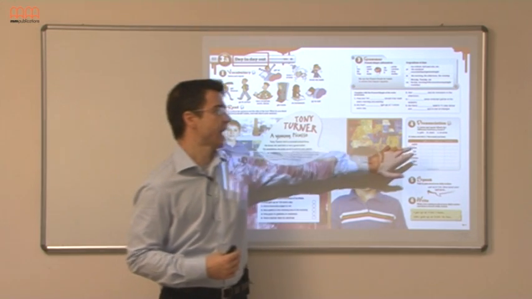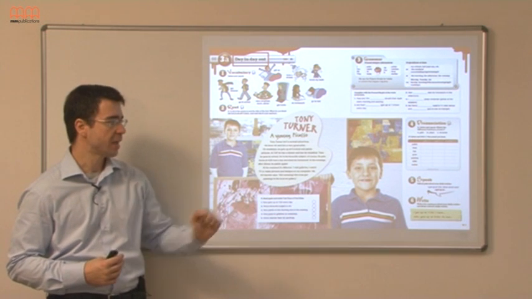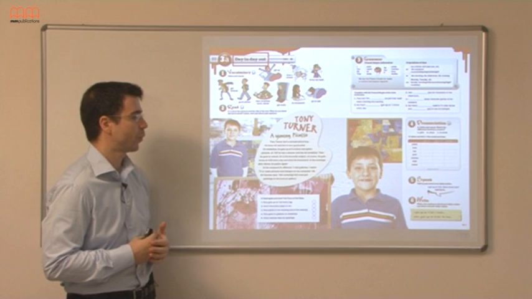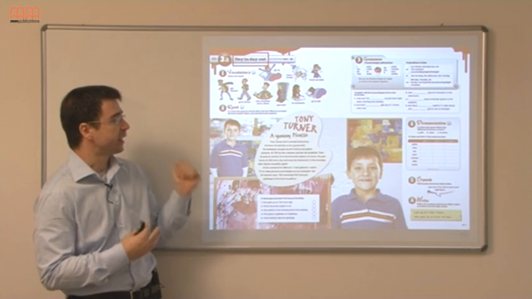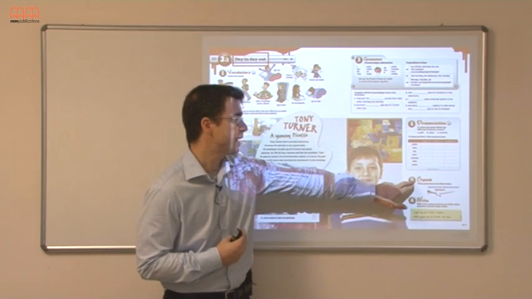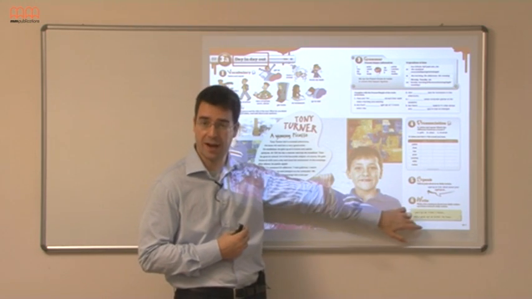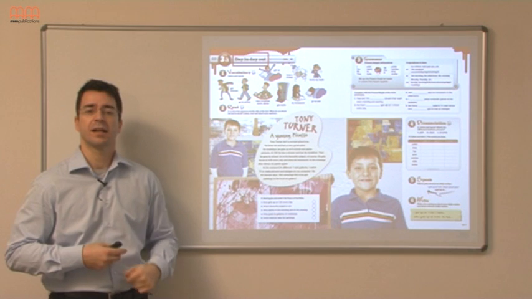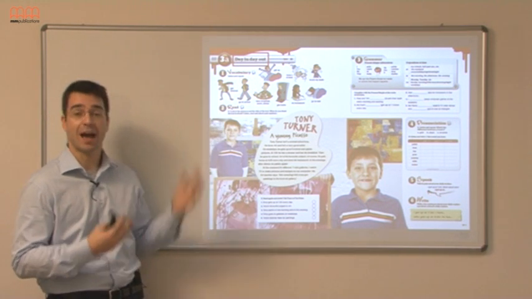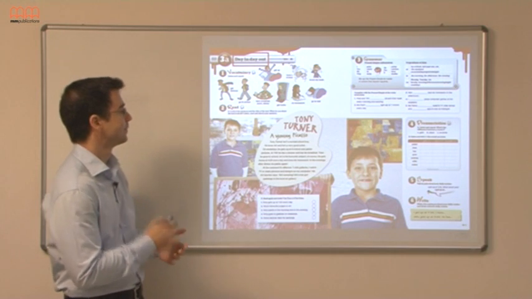There's a pronunciation activity, okay, so we're going to practice pronouncing words in English in the correct way. And finally, okay, our lesson ends with the productive skills, in other words, the speaking activity and the writing activity. All right, now let's go on to the first activity, which is the vocabulary activity.